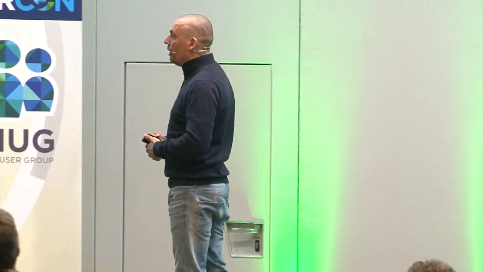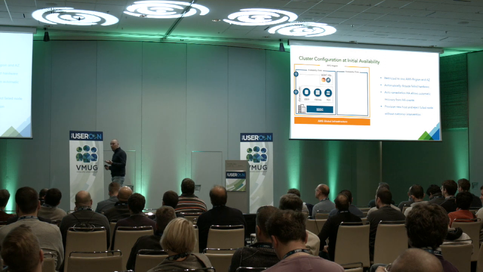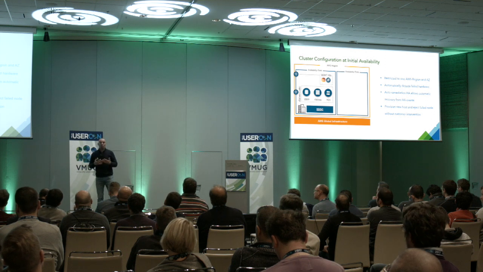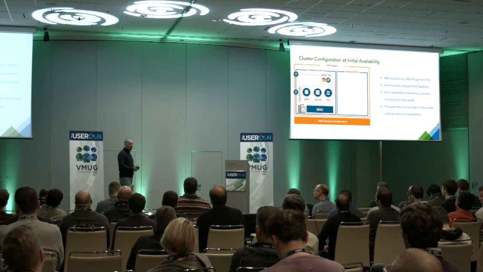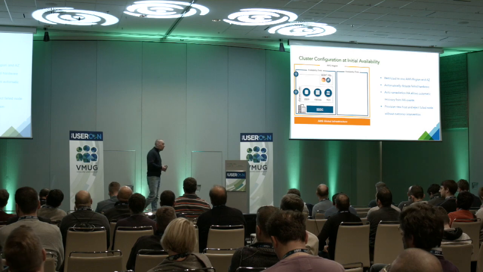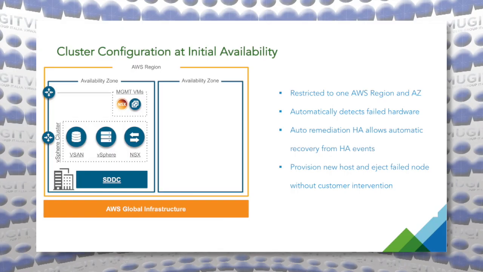That means there are some availability questions you can think of, but in general, we take care of the infrastructure. So if a host fails inside that AZ, we will replace it immediately. Typically, this is better than most enterprise data centers, but this is not the most optimal situation.